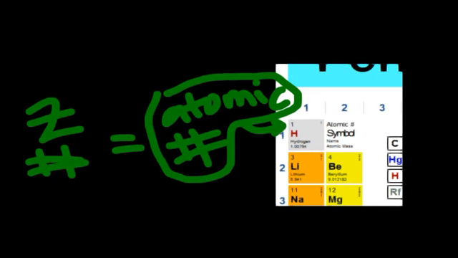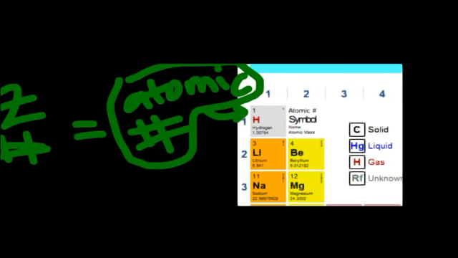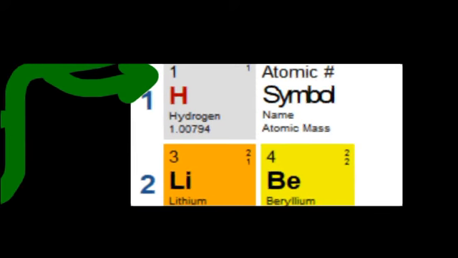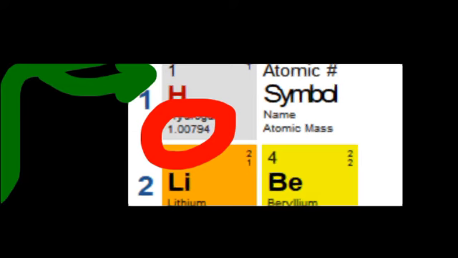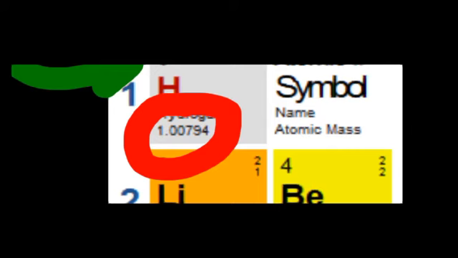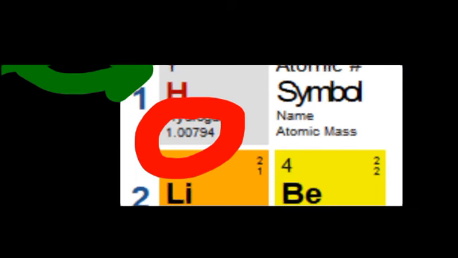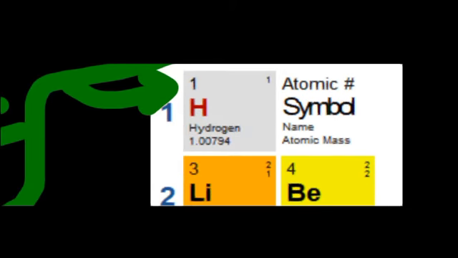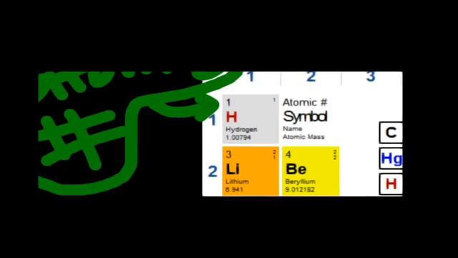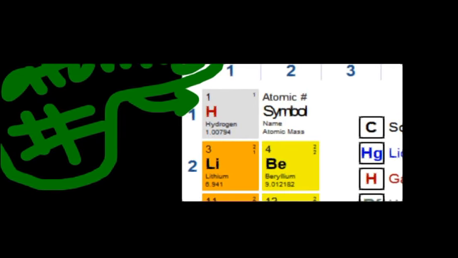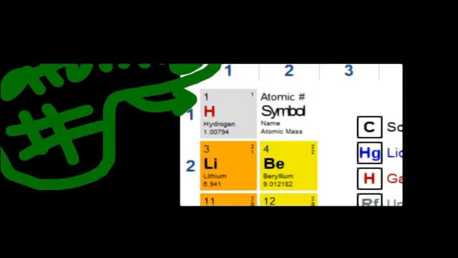Instead, it used to be represented with this second number, the atomic mass, the one you're seeing, 1.00794 for hydrogen.